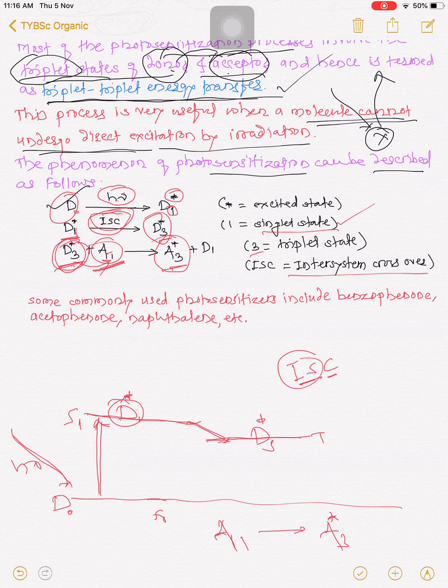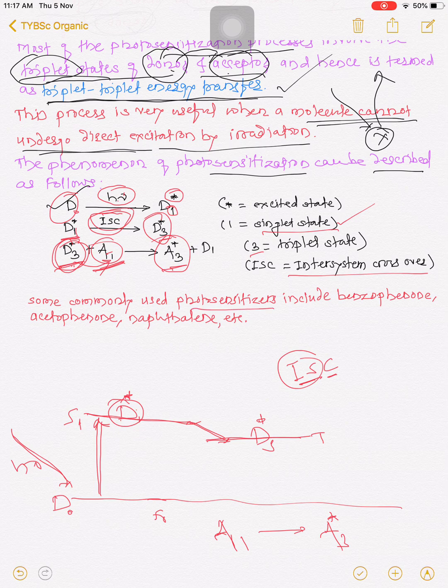Common examples taking place in the environment are the photosynthesis process, and the formation of vitamin D in the human or animal body, which happens only because of this photosensitization process. The molecules which give energy are known as the donor, and we also call them photosensitizers.